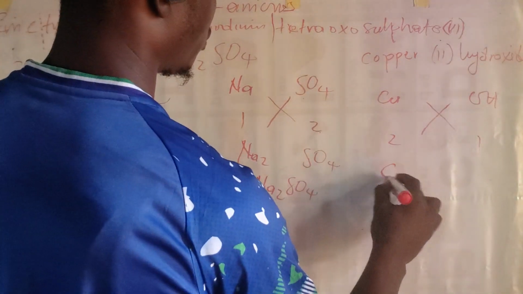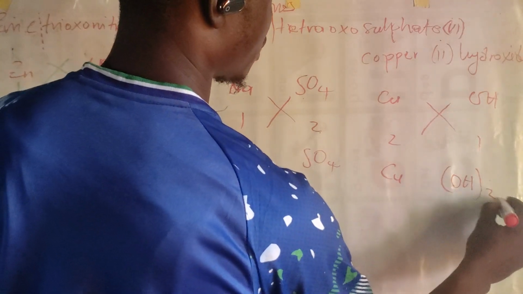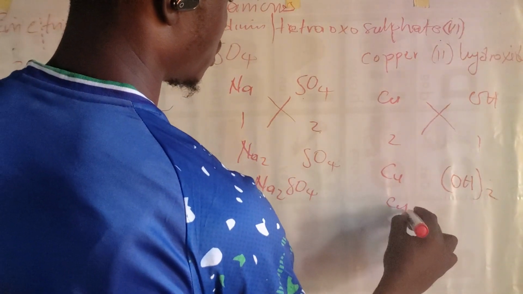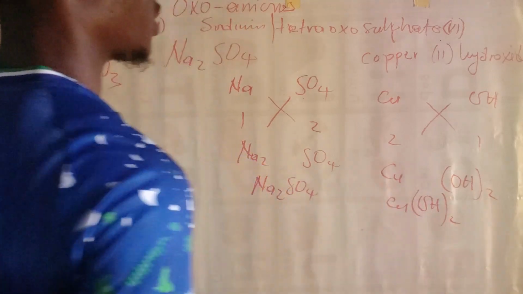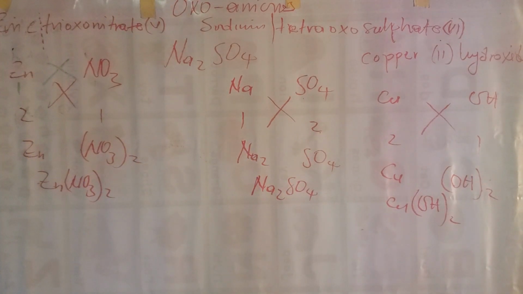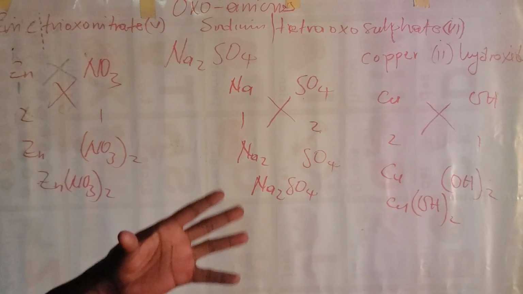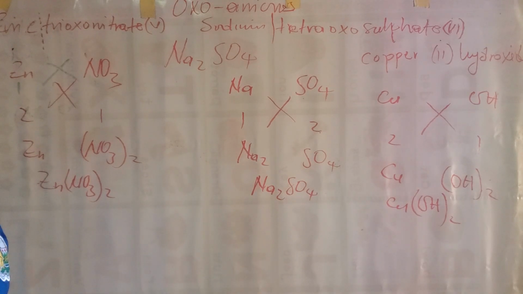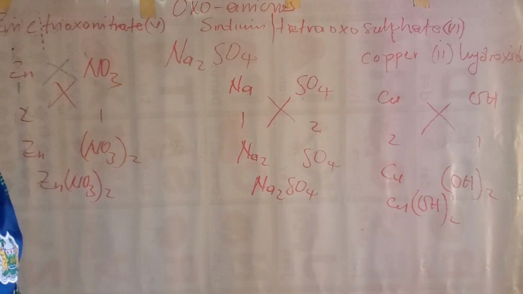So you have now Cu and OH in brackets. When you combine, it is Cu(OH)2. Of course, that is the chemical formula for copper 2 hydroxide, if you are given compounds in the form of words and you have to figure out their chemical formula.